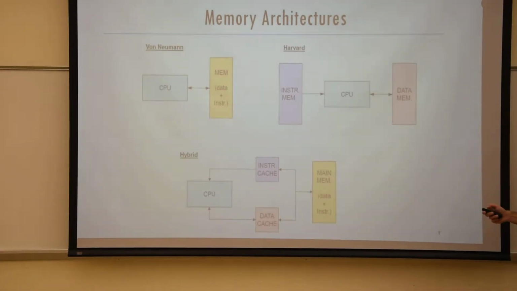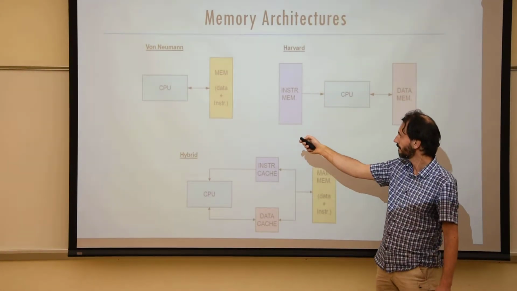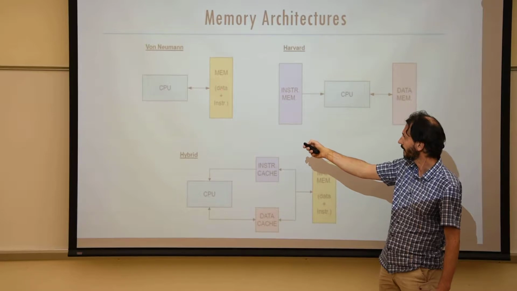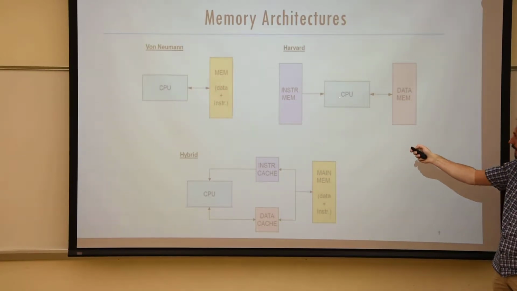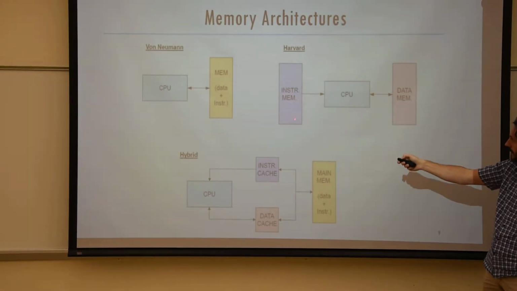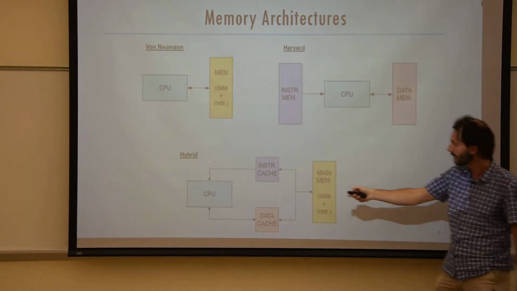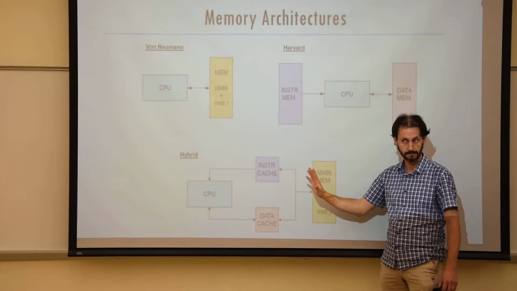So if you look at this, you have a von Neumann architecture where the CPU effectively has memory with data and instructions all together. The Harvard architecture is one in which the CPU has a separate instruction memory and a separate data memory. And the hybrid is such that we have multiple memories.